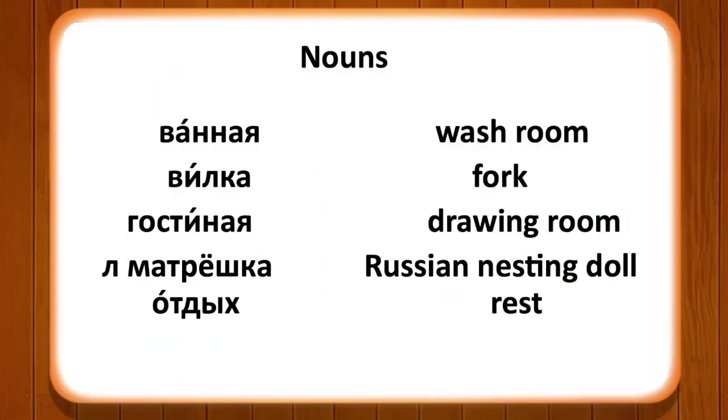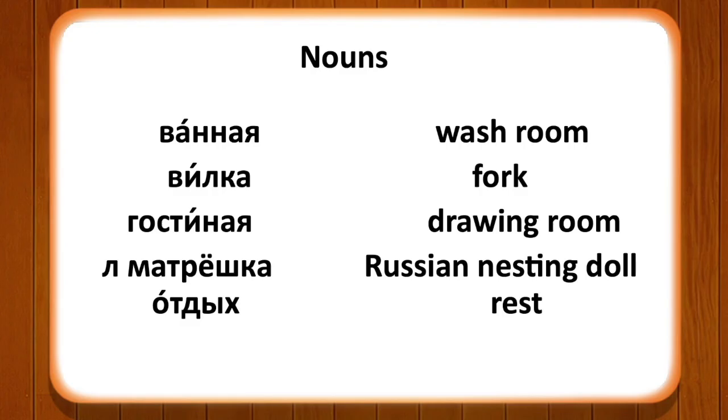Now, before we do the analysis of the text, let's learn a few new words, verbs and expressions which we have learned in this text. So, the nouns which we have used in the text are ванная. Ванная means washroom or bathroom. Вилка means fork.